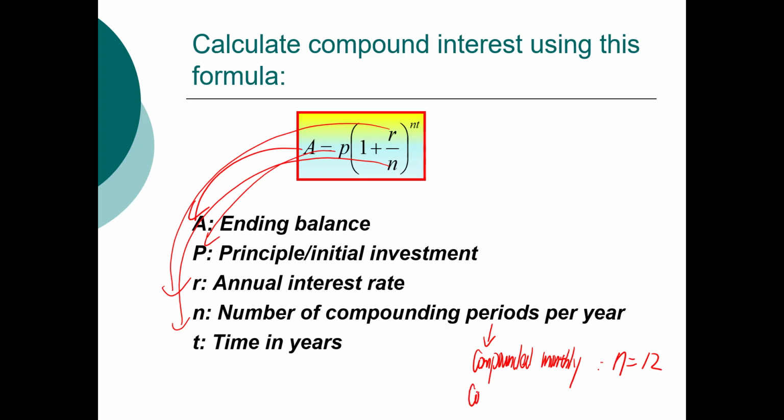If it is compounding weekly, then n equals 52 weeks, so you receive interest 52 times. And if it's compounding daily, you receive interest 365 times. The compounding period is 365. I'll just give you an idea of how the compounding period works.